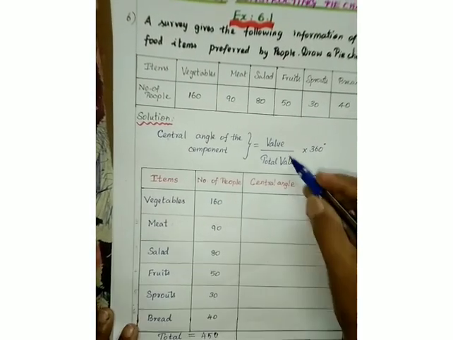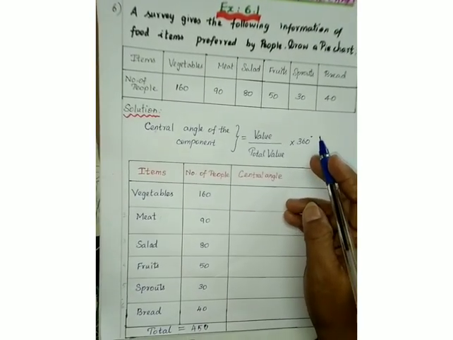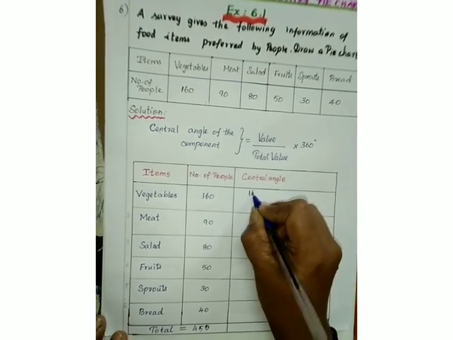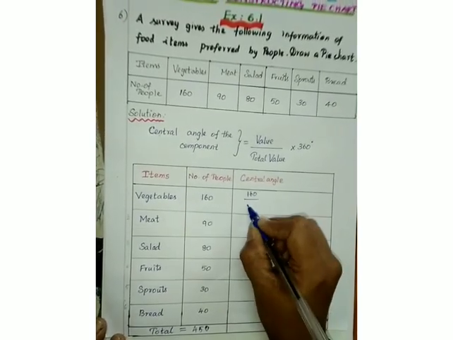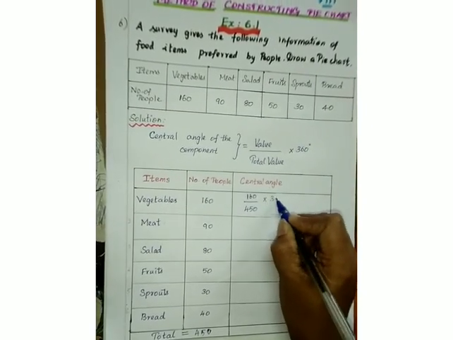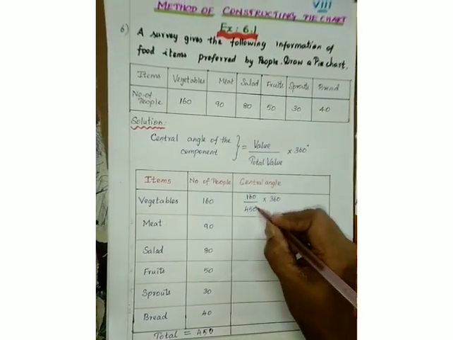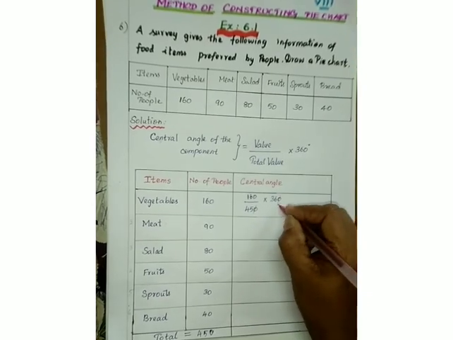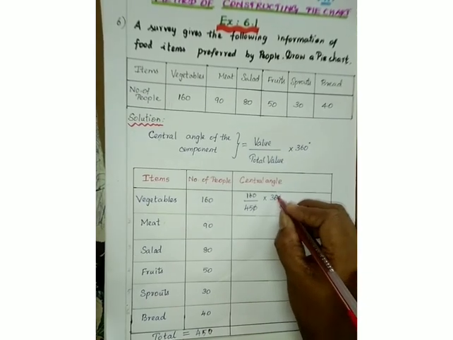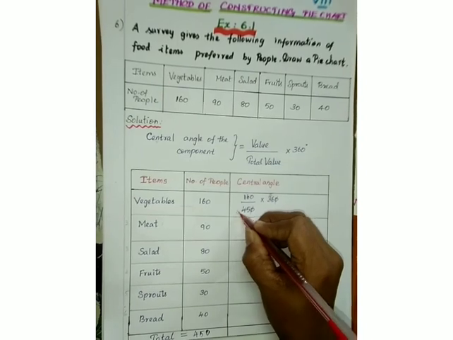Now we are going to calculate the central angle. We are going to apply this formula: value by total value into 360 degrees. The total we have found is 450. So the value is 160 by 450 into 360 degrees. Now we are going to cancel this. So 0 we can cancel. Then we can cancel with the ninth table. 4 9s are 36 and 5 9s are 45.